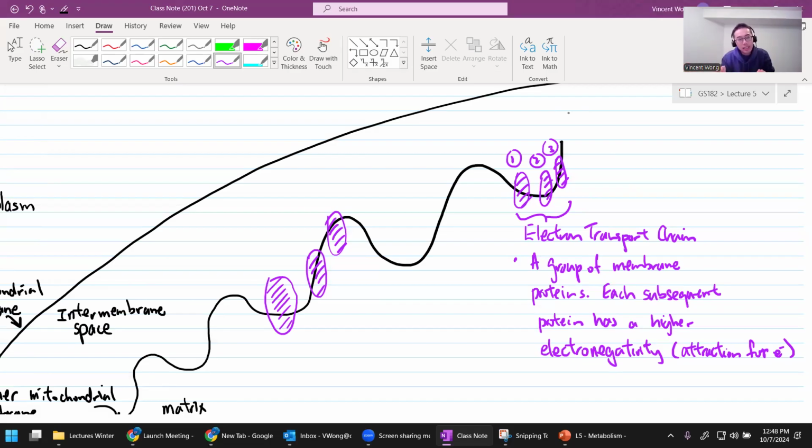It's like the game hot potato: you take it and then you pass it to the next, and you pass it to the next. So one picks up the electron, passes it to number two, which passes it to number three, and so on and so forth. Does that make sense? I hope it does. All right.